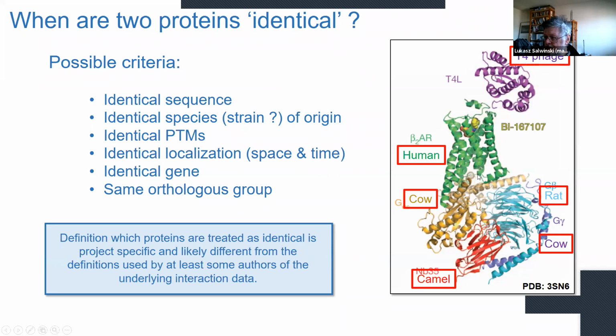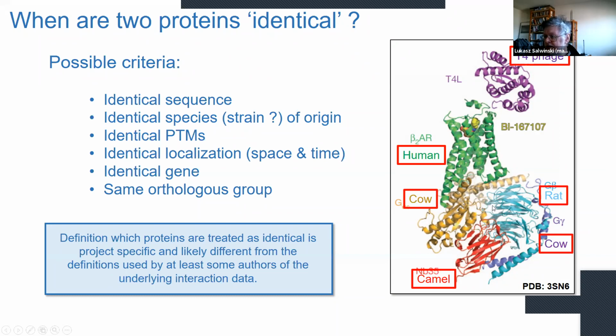So this green protein here is actually a human protein, but then the trimeric G protein that's binding to it is itself a Frankenstein. One chain is coming from cow, another chain is coming from rat, yet another chain is coming from cow.